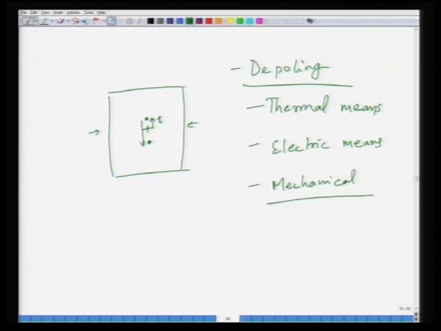And basically the effect of all these three is to create conditions which lead to complete reversal of polarization in some region of the crystal, so that you have zero polarization, or flipping of atoms from one position to another, which leads to flipping of polarization in some regions of the crystal, giving zero polarization, or thermal means such that it just loses its polarization completely due to phase transition. So, what you have here is depolarization of material.